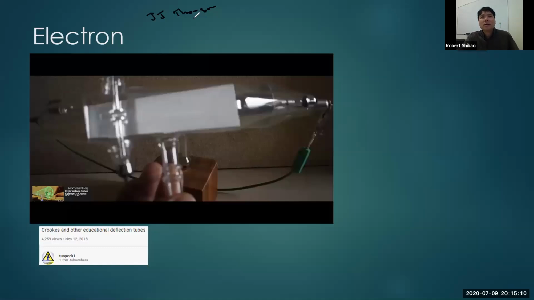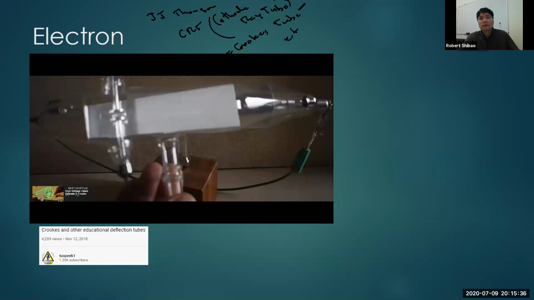J.J. Thomson discovered the electron by using a CRT. CRT stands for cathode ray tube. This is also called a Crookes tube.